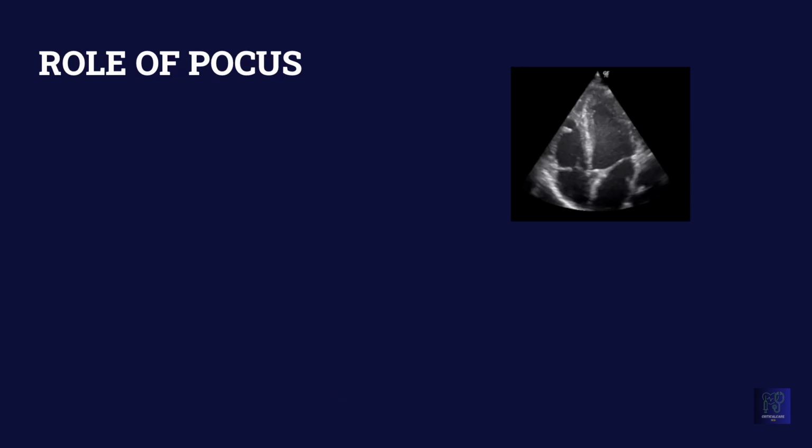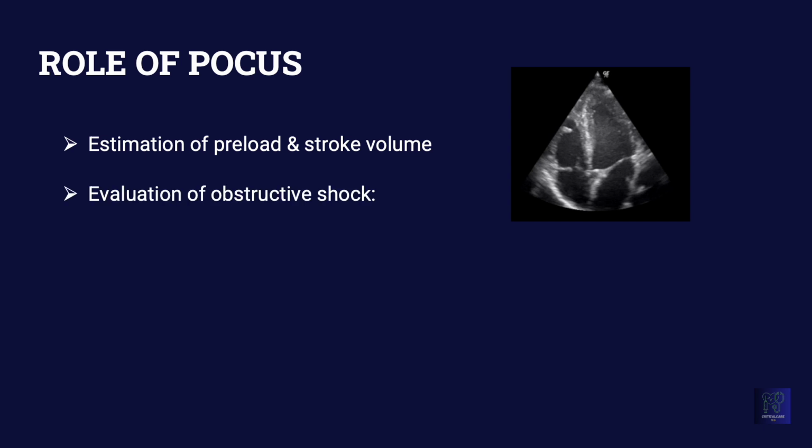As discussed, point of care ultrasound has a very important role in shock. Not only is it helpful for evaluation of preload and stroke volume, it can also be very useful for evaluation of obstructive shock. Pulmonary embolism is a major cause of obstructive shock, and identifying RV dysfunction can be very helpful here.